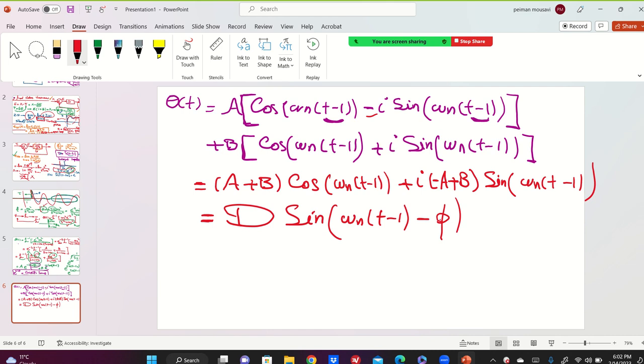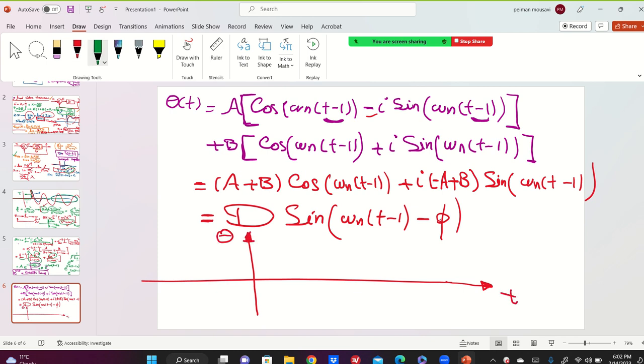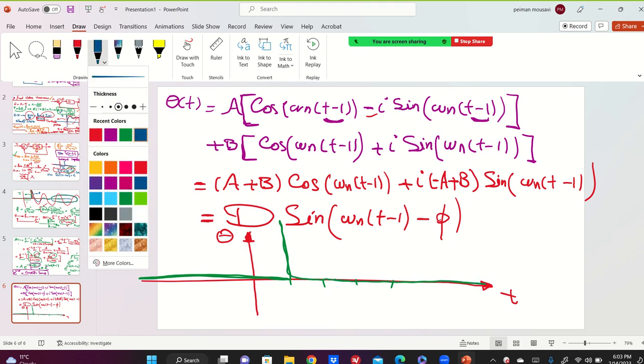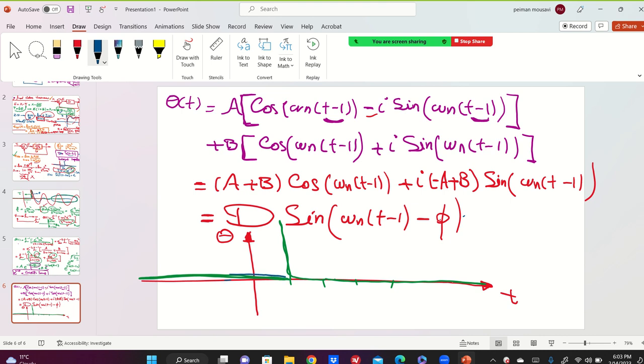Remember? So if this is your pendulum and we draw it by Laplace and then inverse Laplace, theta of t: if you have a delayed impulse, the system stays at 0, experiences the impulse, and then starts to oscillate forever.